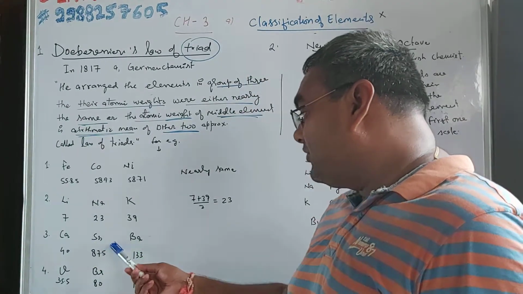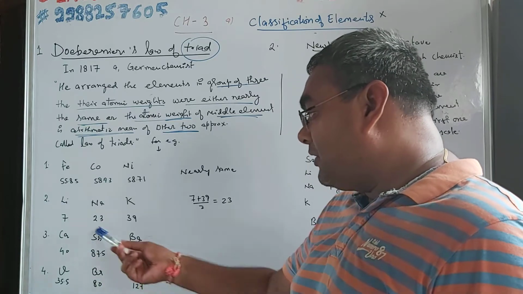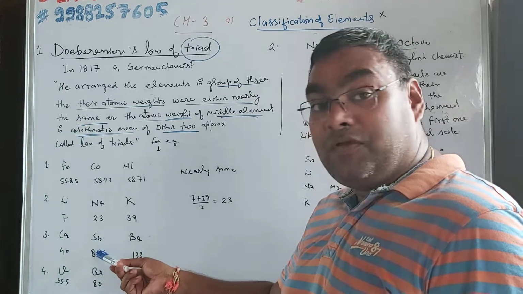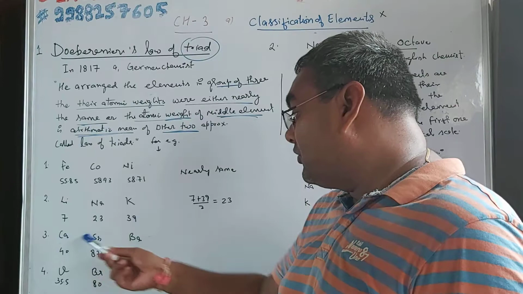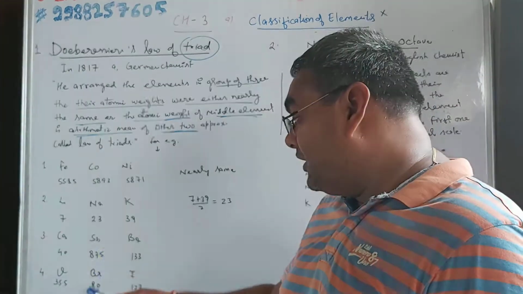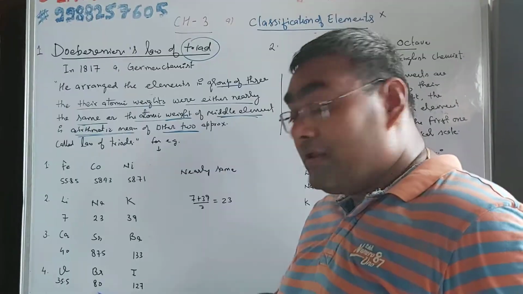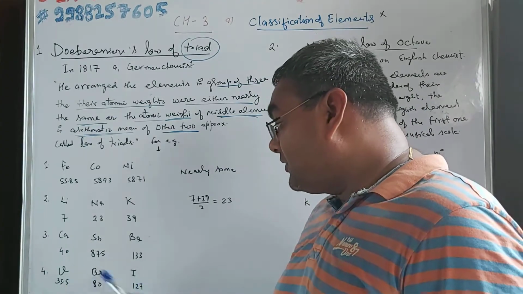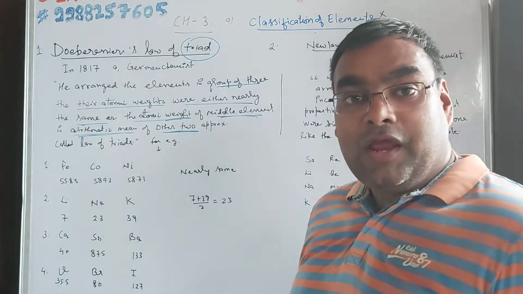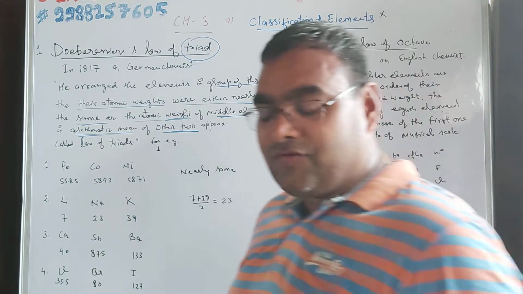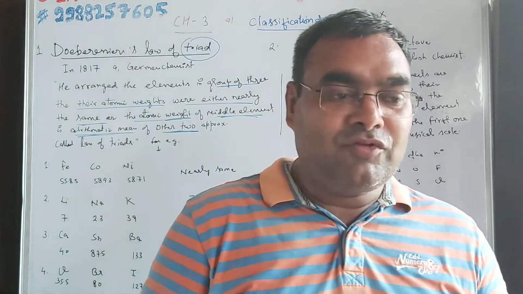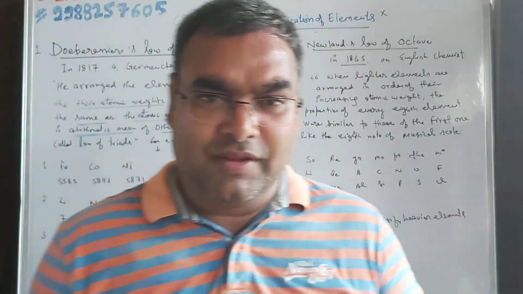Similarly, calcium, strontium and barium: the atomic mass of strontium is approximately the arithmetic mean of calcium and barium. And similarly bromine, whose atomic mass is nearly the arithmetic mean of chlorine and iodine, and all these three have the same characteristics. So Doebereiner's was basically the first attempt to classify elements.